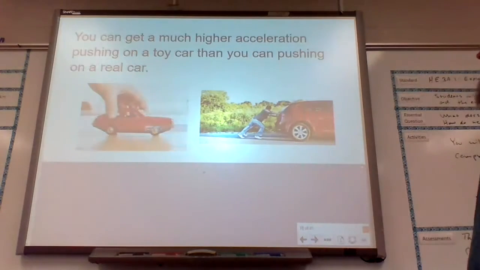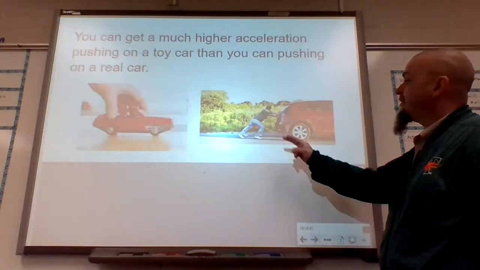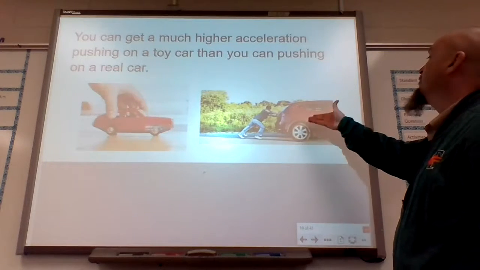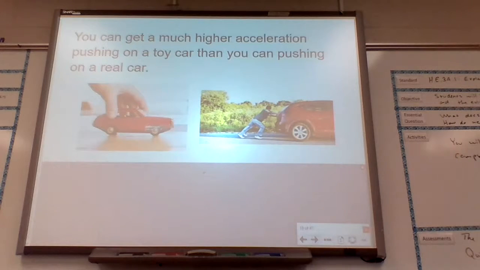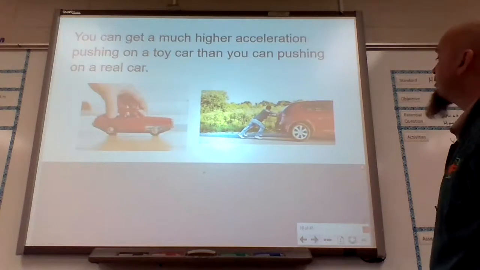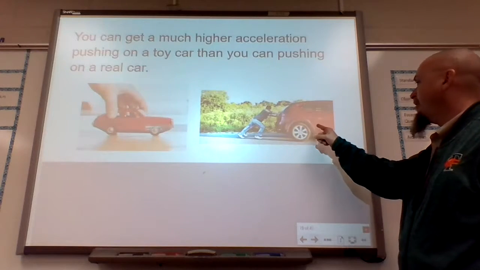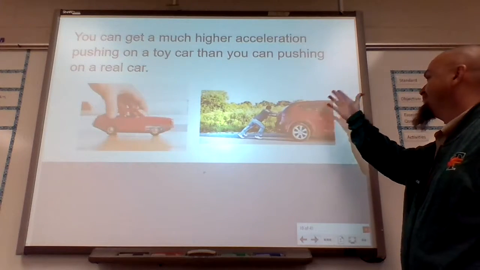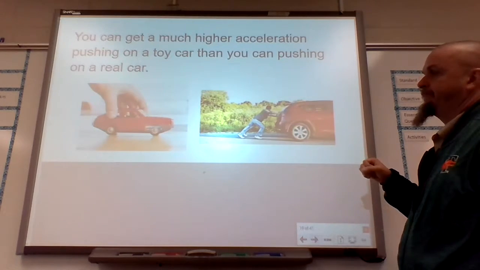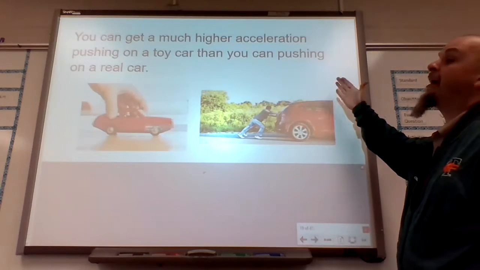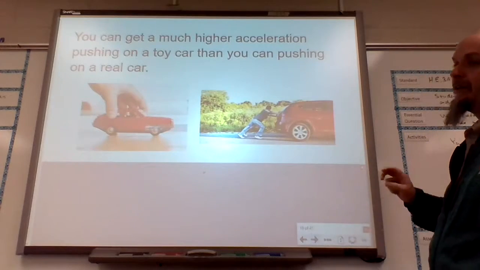And because that mass is lower, you'll get much greater acceleration. When that same force is applied to a much larger, much more massive object, that acceleration is going to decrease substantially. And again, if this car has 500 times the mass of that one, you would get 1/500th the acceleration, the inverse.